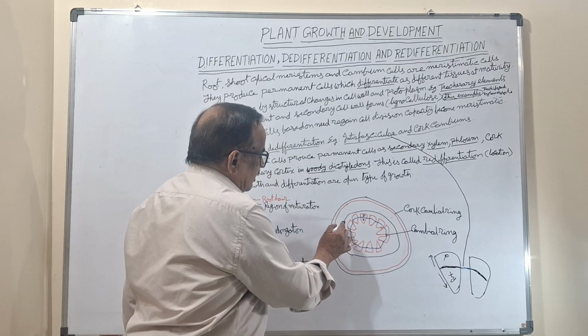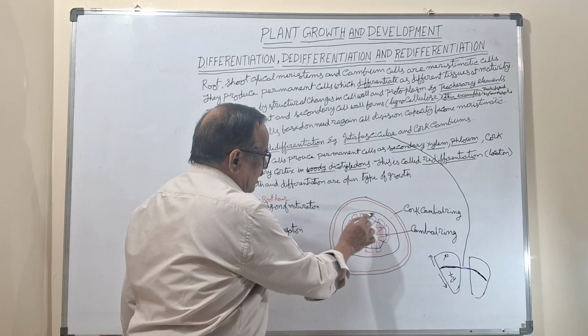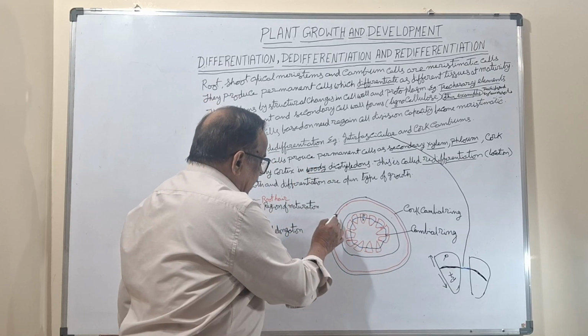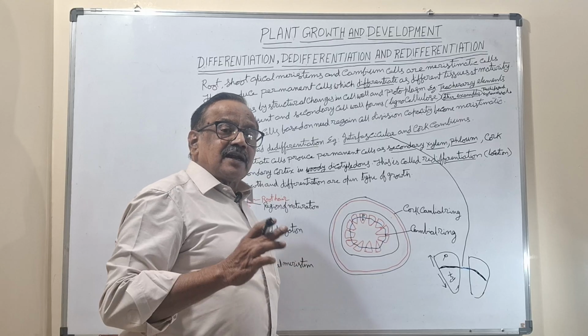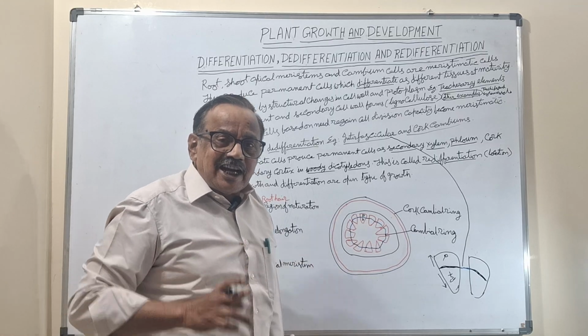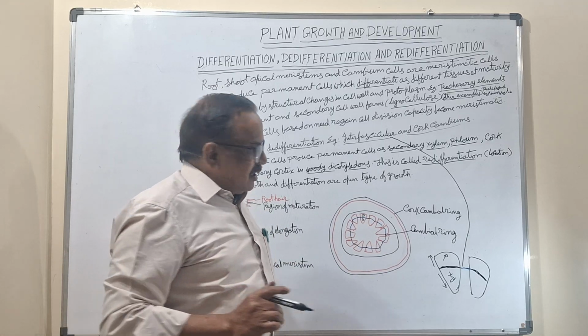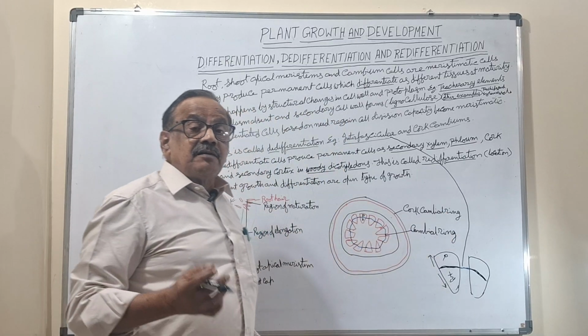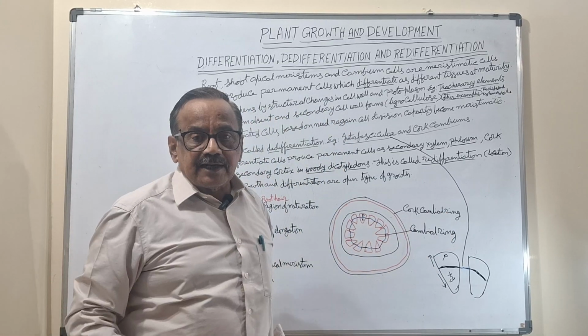Epidermis, cortex, endodermis, and this entire thing is a stele, the vascular bundle. So the outer layers of the cortex will be dedifferentiated as meristematic, and they form the cork cambial ring.